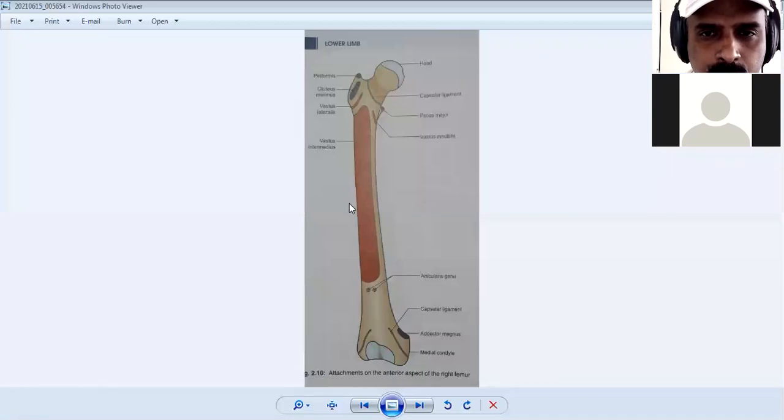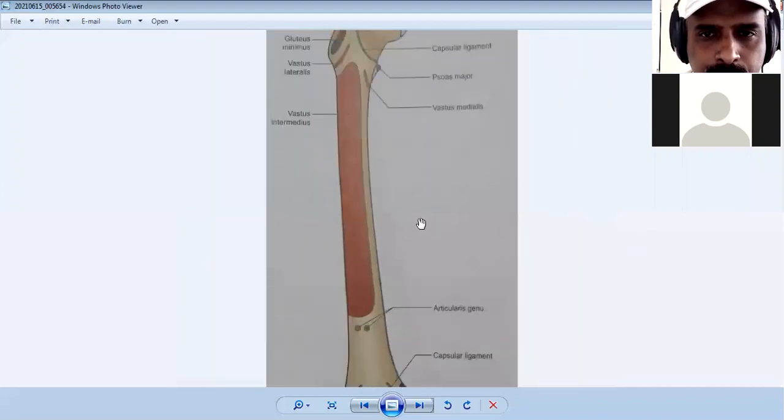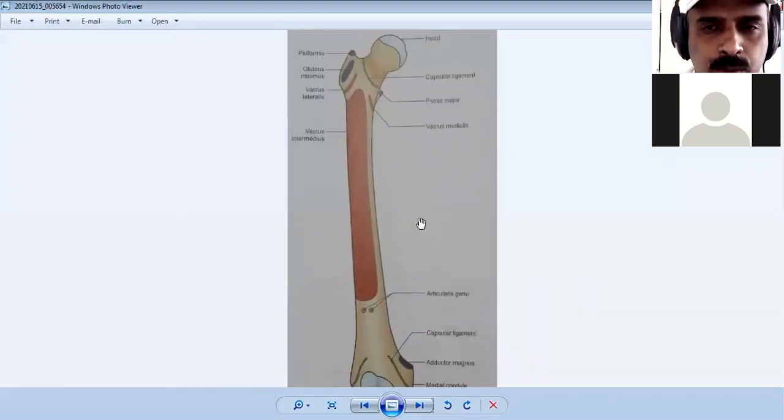You have to remember the upper end, lower end, and shaft, like other long bones. Going to the next point, that is the site determination of the femur.